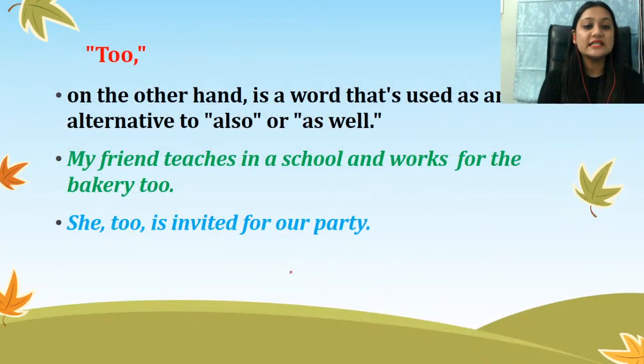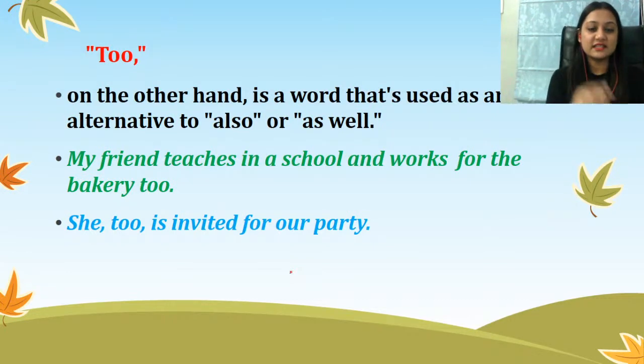Now, when you're using "too," T-O-O, I repeat, T-O-O, it simply means an alternative to words like "also" or "as well as," right? For example, my friend teaches in a school and works for the bakery too.